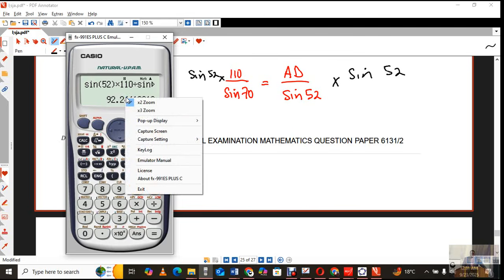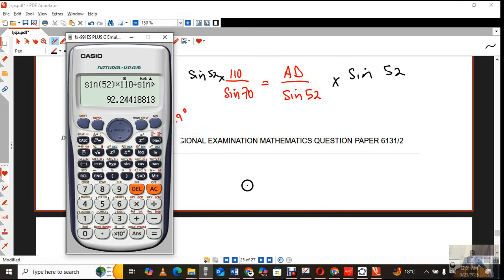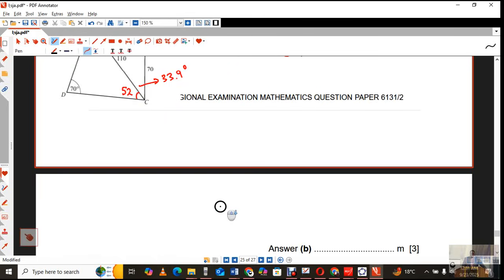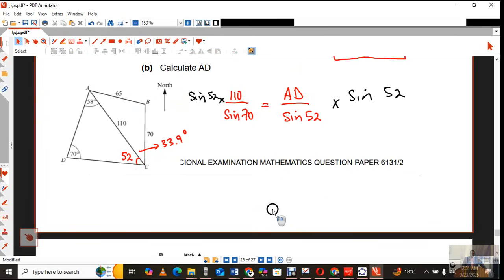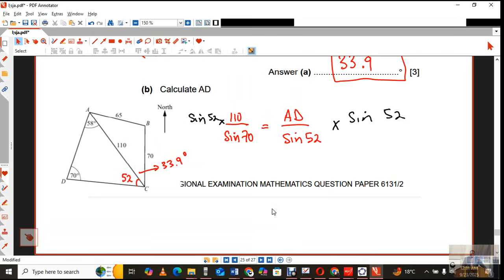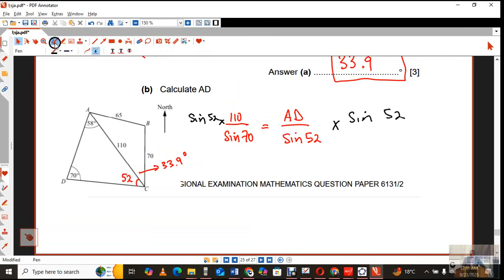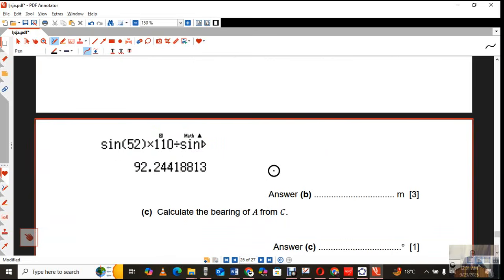I'm just going to take a screen capture of that, and perhaps I'm going to paste it over here. All right, so here I use the sine rule. So in any case, to three significant figures, this is 92.2 meters.